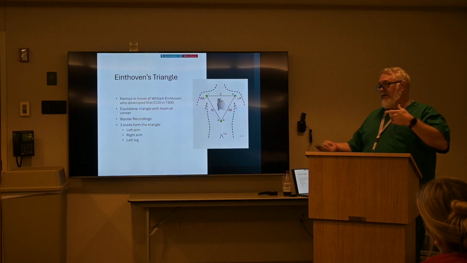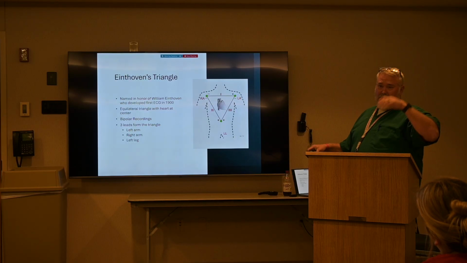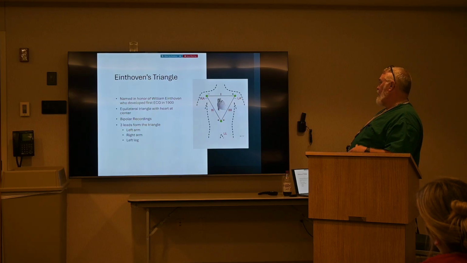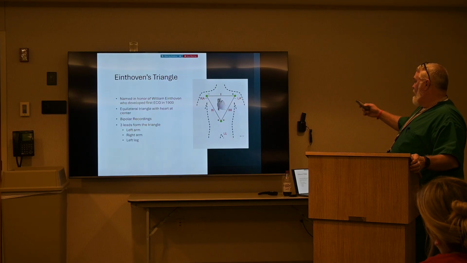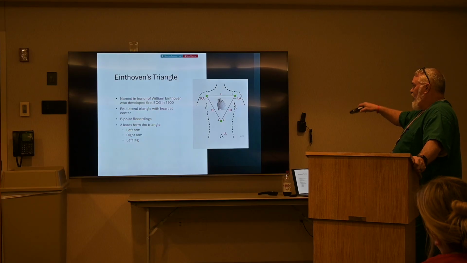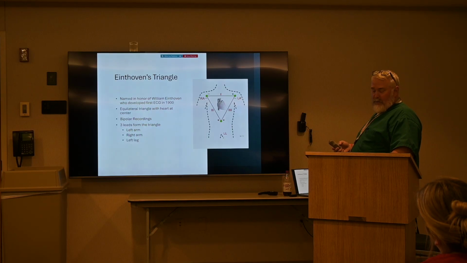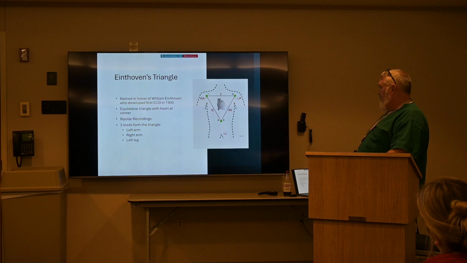And this is what led to the first ECG machine. His premise is Einthoven's triangle. What he developed was an equilateral triangle with the heart in the center of the chest, and it takes bipolar recordings of the 3 leads. You've got lead 1, which is the right arm to the left arm, lead 2, which is the right arm to the left leg, and lead 3, which is the left arm to the left leg.